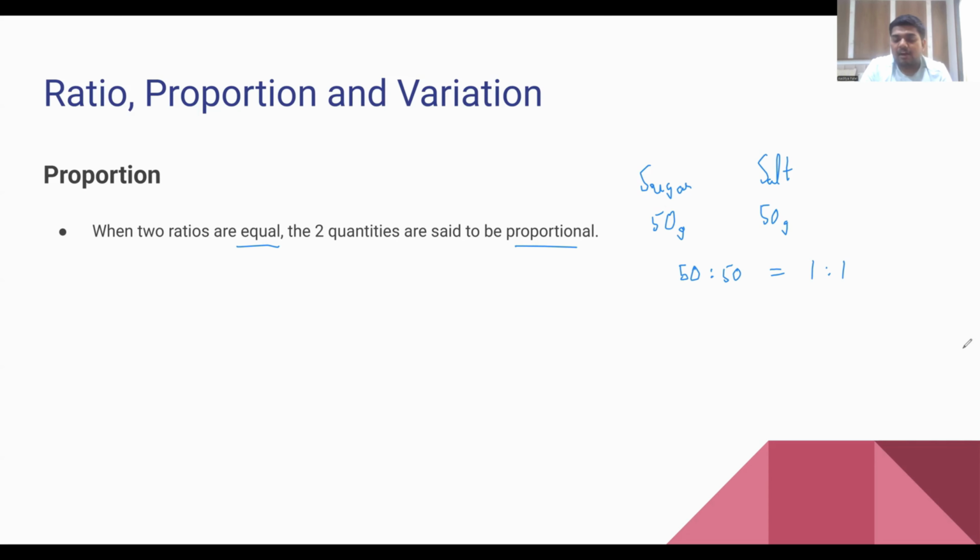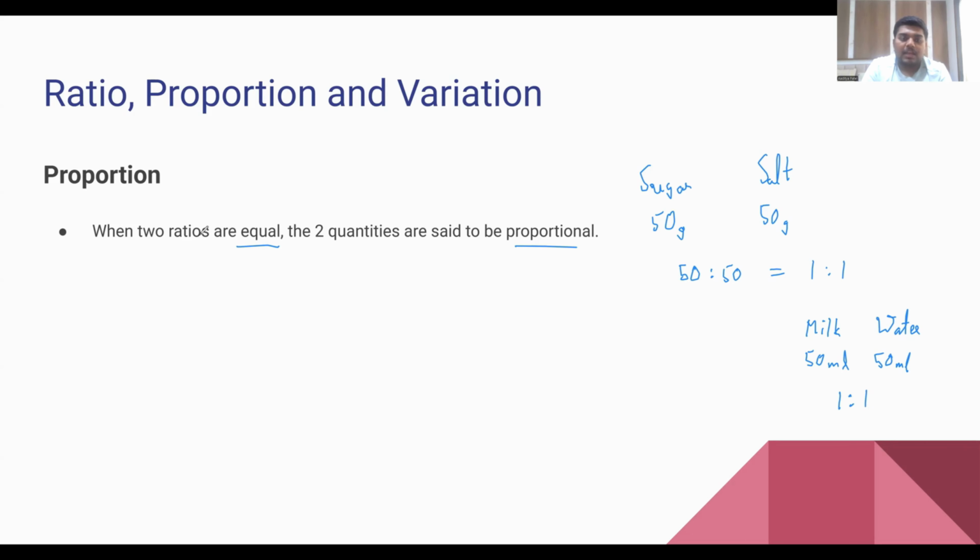And if we have another mixture, let us say of milk and water. Now, since these are liquids, we will need to have them in liters. So let us say this is 50 ml and this is 50 ml. Then again, the ratio will be 1 is to 1 here.